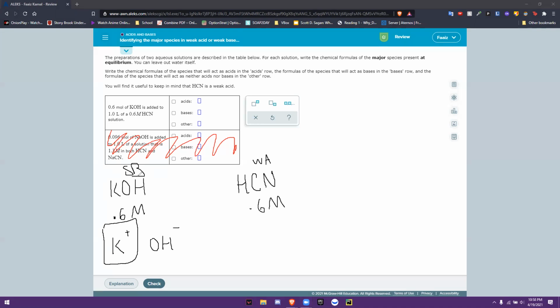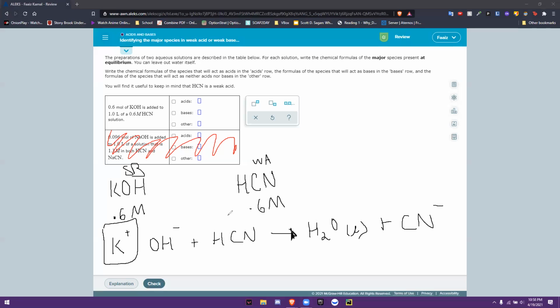And whenever you have a strong base, it reacts with an acid completely until completion. So you have this OH minus, which acts as a strong base, and you have this weak acid HCN. So this reacts to form water and CN minus, I believe.